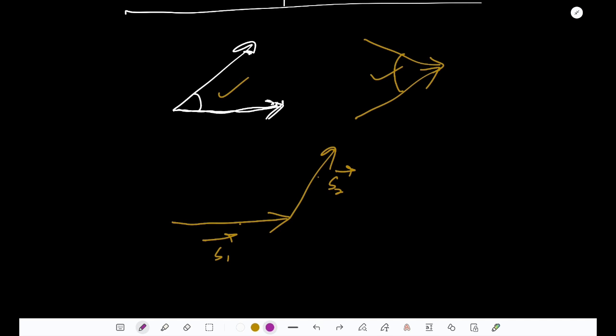If you remember your ray optics lessons, you will know that you have to consider these arrows as light rays, and you are going to find it pretty soon that this arrow was initially traveling in this direction.